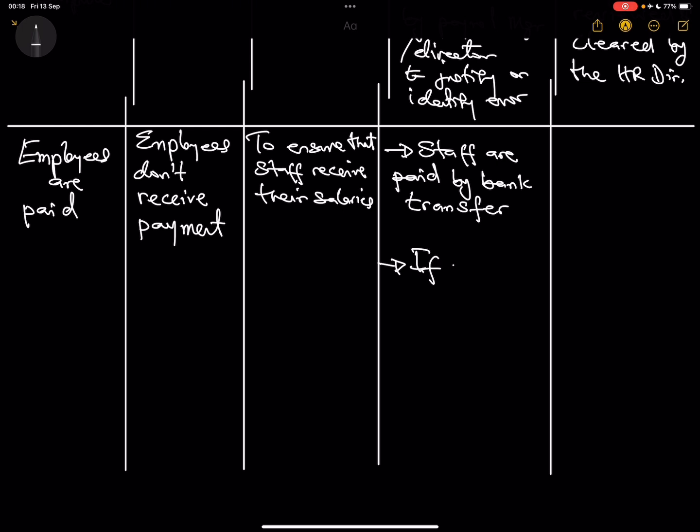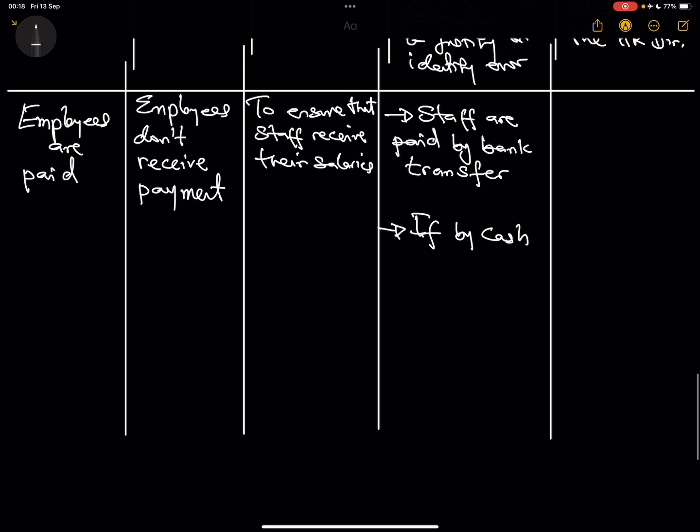So if you are using cash, you need to have the following controls. Number one, you need to store that cash safely. You have to lock it up in a safe with password or with whatever code system, your combination lock you want to use. But it has to be properly saved in any company if you are paying cash.